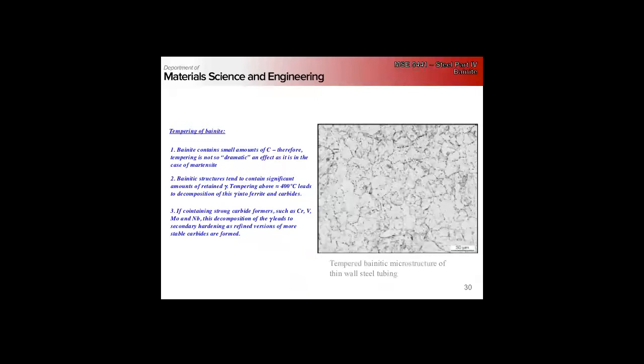When I said lower bainite's tougher than upper bainite, the stuff's still not tough, right? You still have layers of brittle carbides separating, right? You've got plenty of places for cracks to nucleate. And the ferrite itself, right, the bainite itself contains fairly small amounts of carbon. So the tempering is not as dramatic as it is when we look at tempering of martensite.